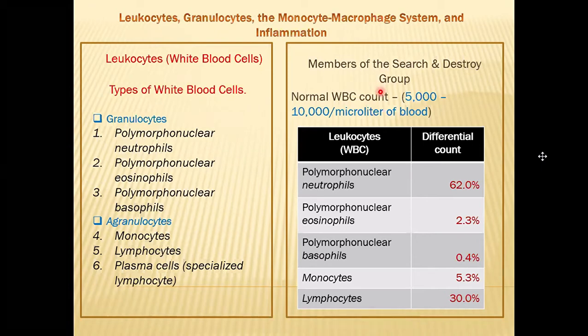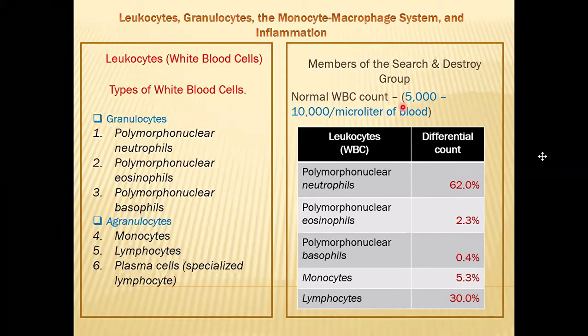So again, the normal blood count, WBC count, is between 5,000 to 10,000 per microliter of blood. And this one, everybody should know, because how can we tell if it is abnormal if you don't know the normal?